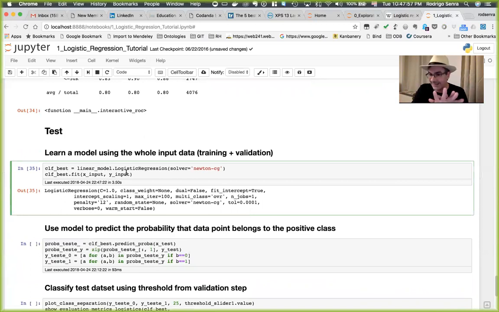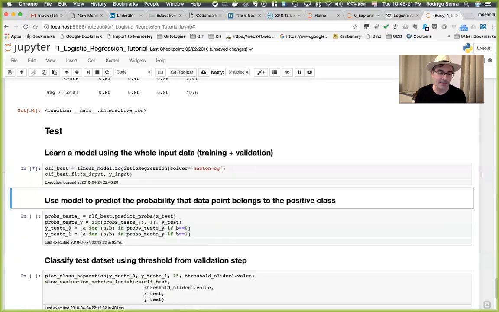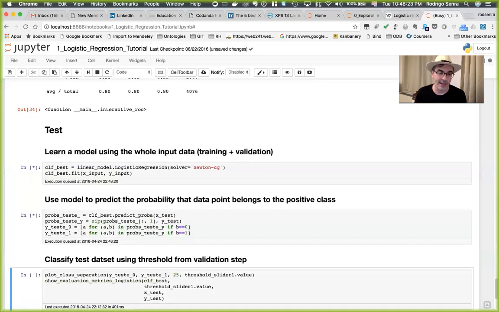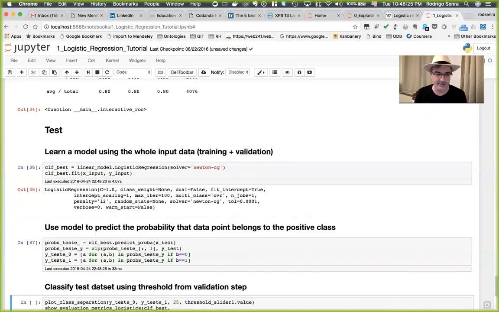So we are learning from all of that data. And we're going to use the test data set as a final test to say, is it good or bad? Because it's usual for us to have better results with the training data, and then when you use test data, we might have lower results. We had 81% accuracy. Let's see what happens when we run it against the test data set.